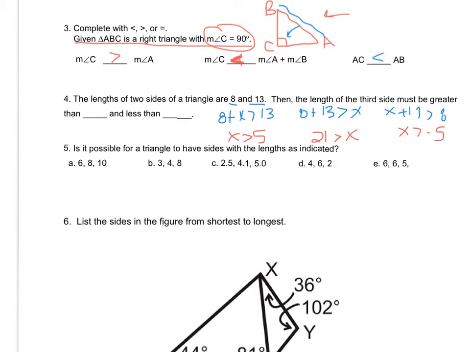That means that this one over here doesn't mean anything to us. Now we take what we have here and here, and we fit it in here and here. So x is greater than 5, so it has to be greater than 5 and less than 21. So that's how we go about doing this type of problem.